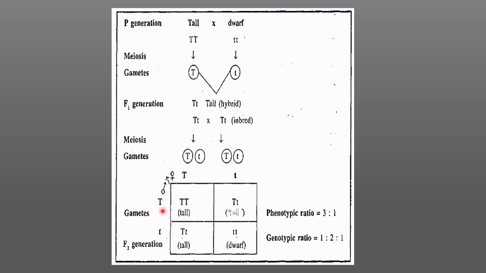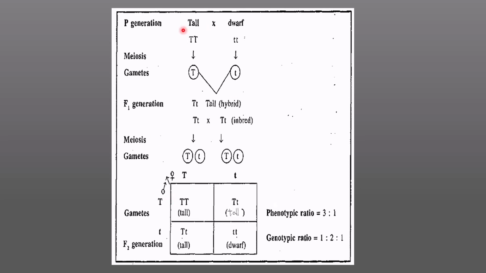In these boxes we'll write the genetic constitution of the zygote or offspring, and we'll give the phenotypic ratio and genotypic ratio. Phenotypic ratio is the physical appearance of the offspring, and genotypic ratio is the genetic constitution.